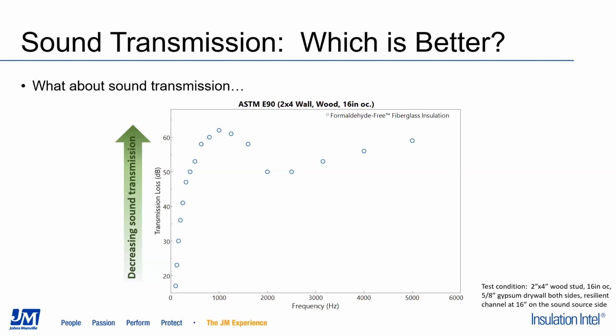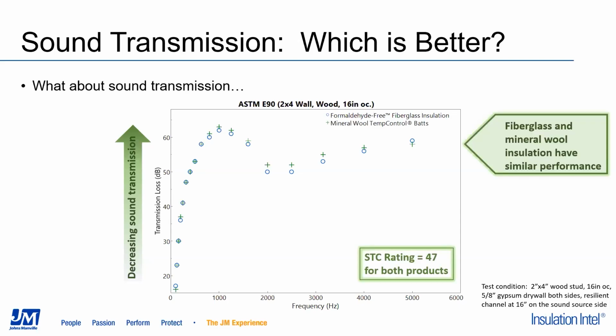We're looking at the fiberglass results. Picture what you think mineral wool results might look like. And sorry, that was another trick question, because when we overlay mineral wool results, again, the green plus signs are mineral wool on this chart, blue circles are fiberglass.